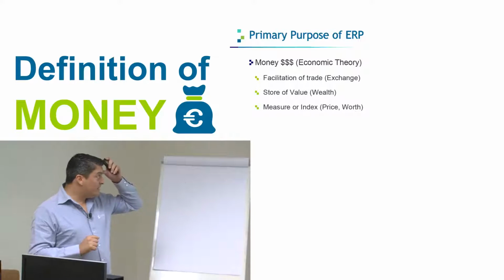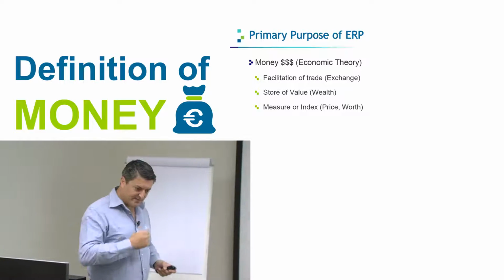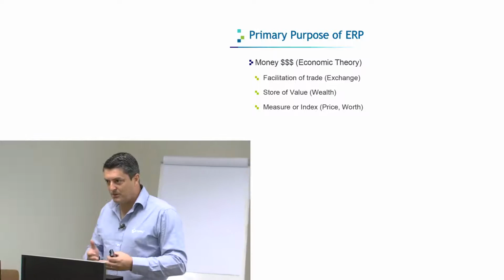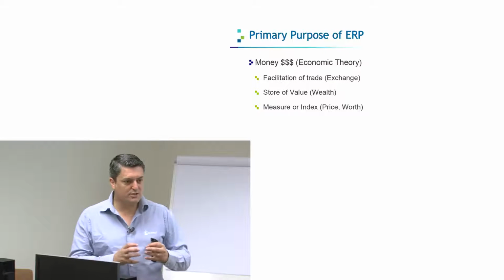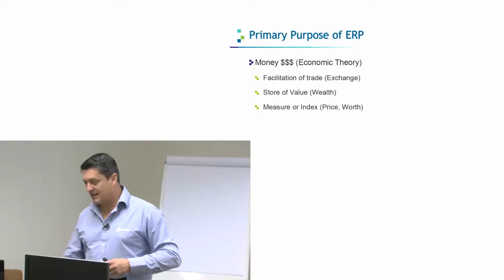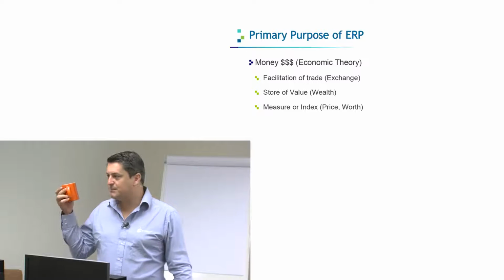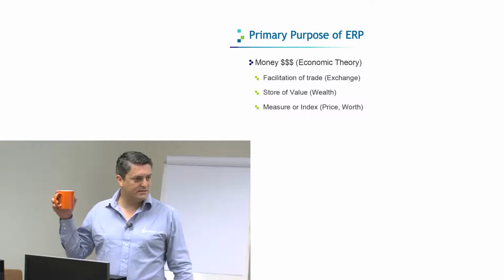And it's also a measure or index, which provides price or worth. So in that example, how does an ERP do that for a company? Well, quite simple. I can manage all my pricing, all my costing. I know what I'm going to be purchasing items for. I can manufacture something and then I can tell you how much it's going to cost me to make this item. So there's a price index, a cost index associated with it.